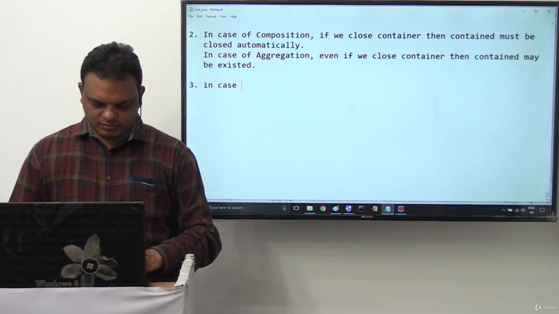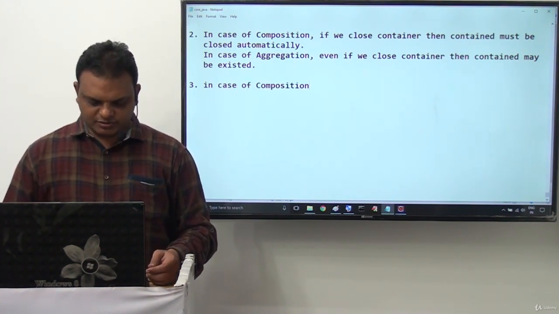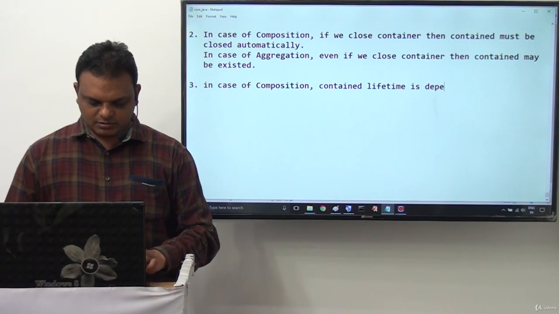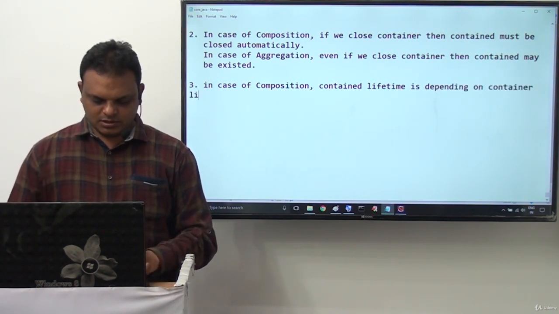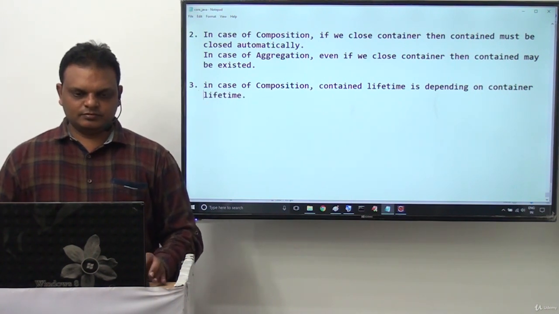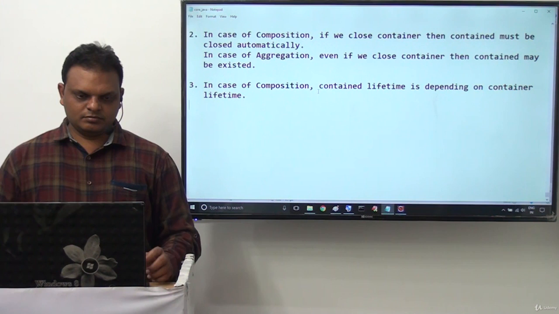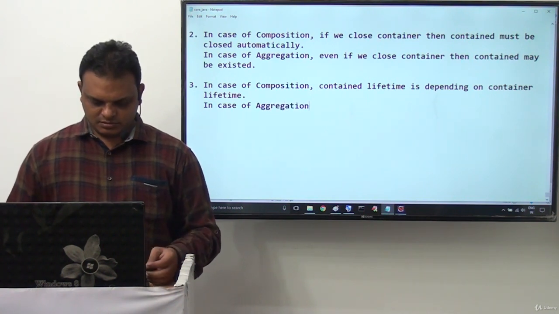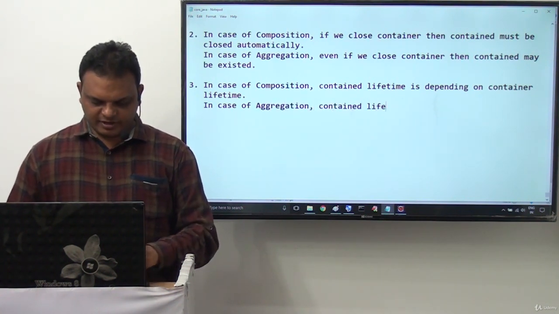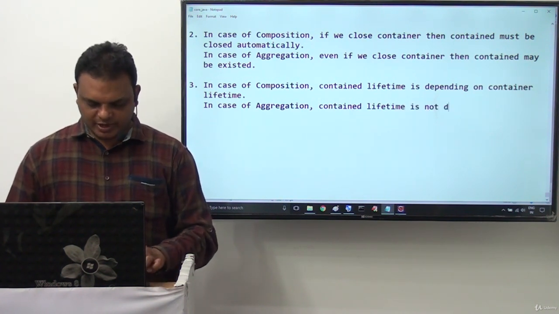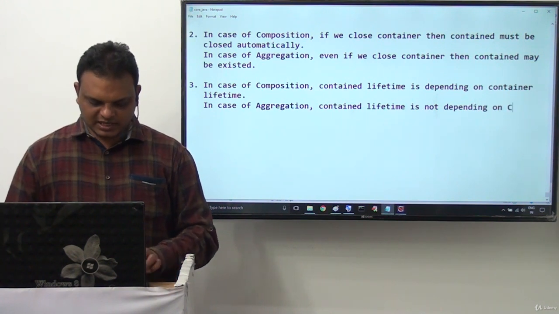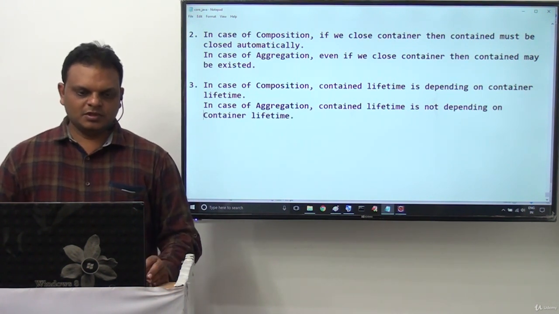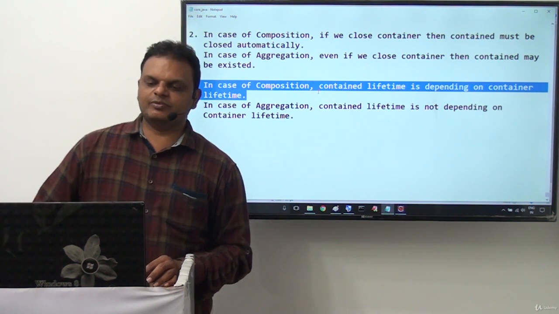In case of composition, contained lifetime is depending on container lifetime.